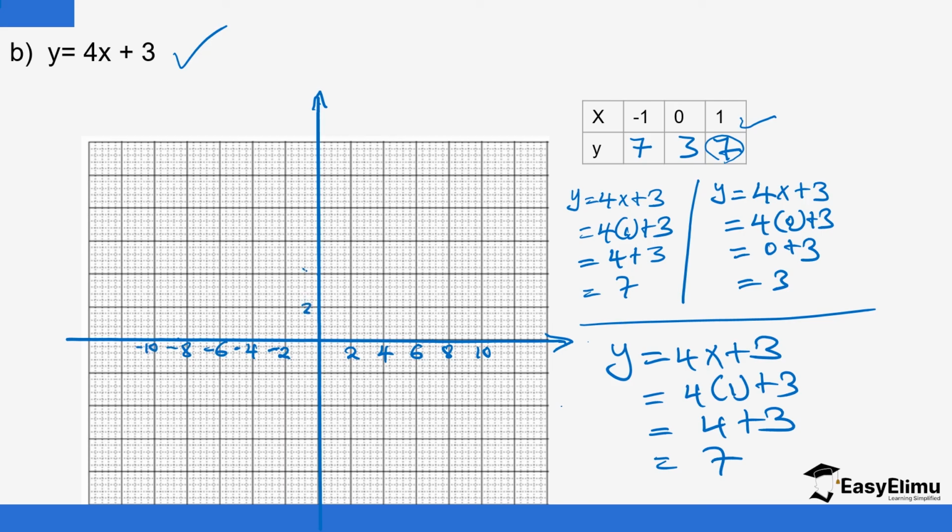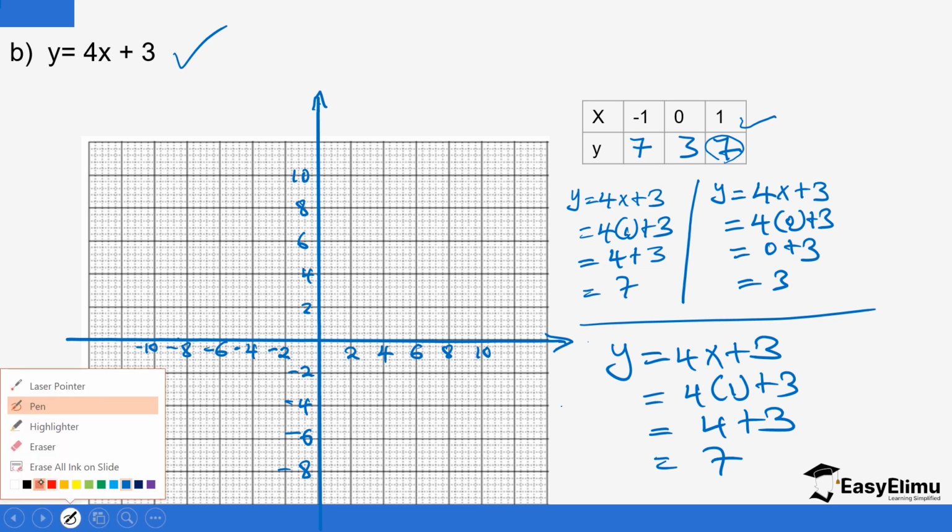So we have 2, 4, 6, 8, 10. So we have again 2, -4, 6, 8, and -10.